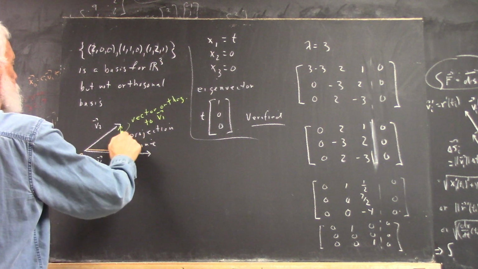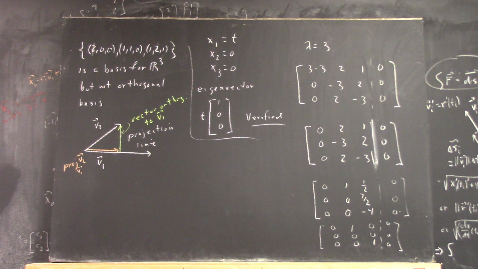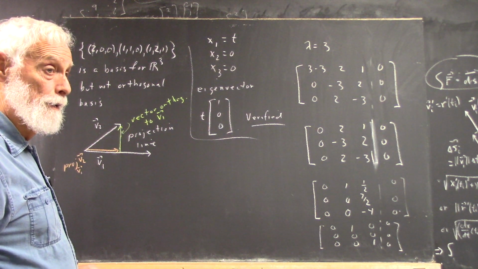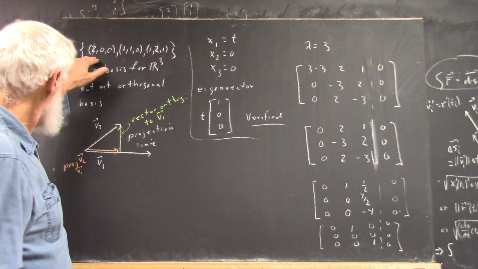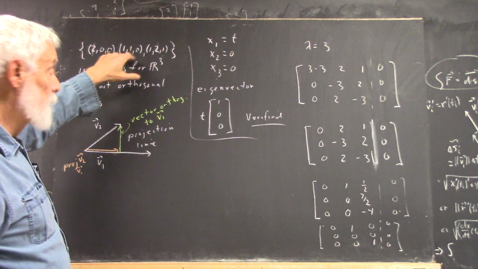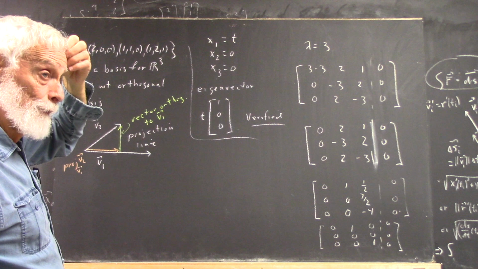This is a vector orthogonal to V1, and V1 along with this vector spans the same space that V1 and V2 do. Implicitly this is V1, V2, V3, but it doesn't really matter.